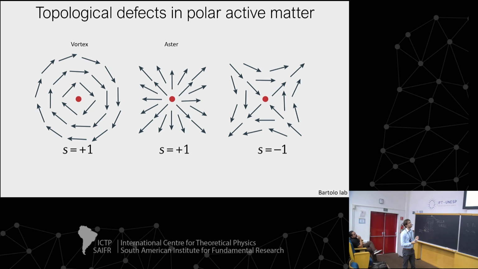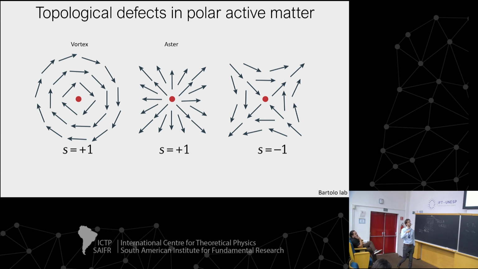All right. So this is one example of topological defects. There's another example of topological defects in polar nematics, where they have different structures. You can have these aster-like things where the polar order parameter, arrow-like, pushes or pulls on this central point.